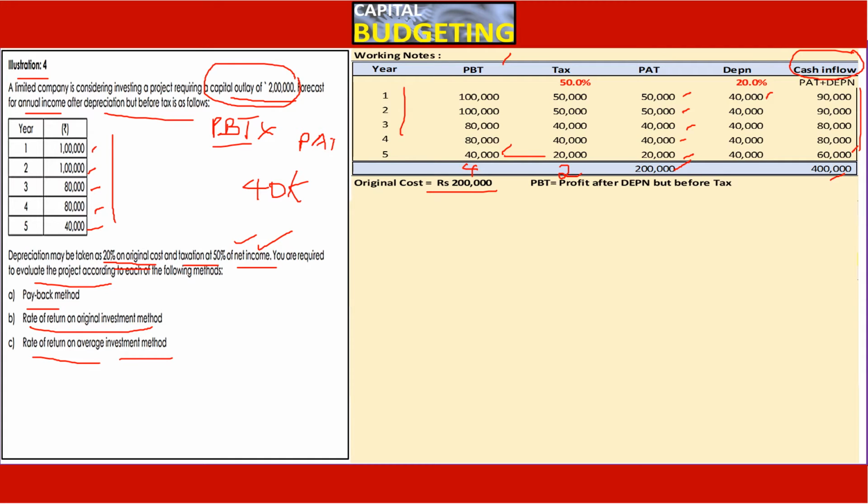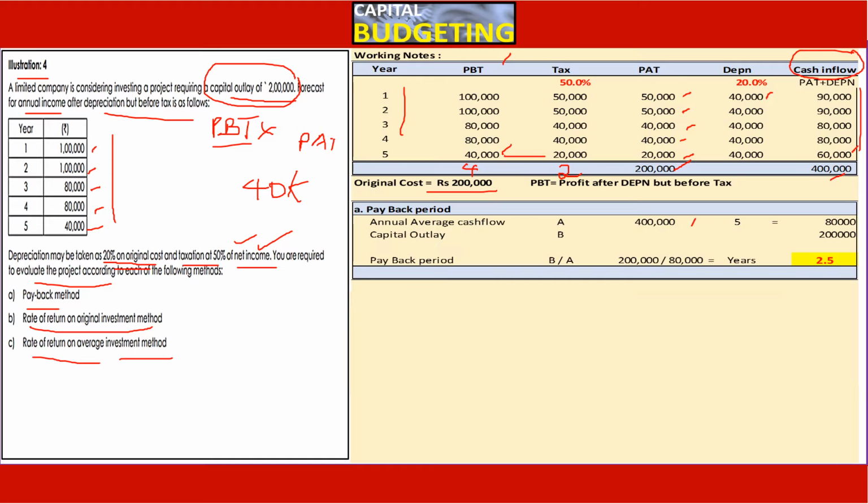Now we will answer the question of payback period. What does payback period say? You are investing, and you are earning a cash flow of 4 lakhs over 5 years.